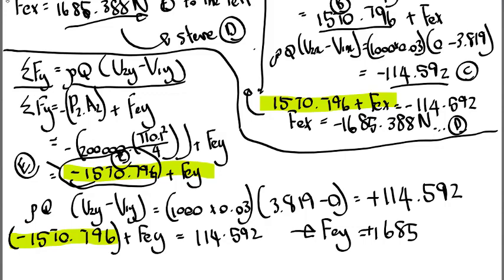You'll see that your calculator will give you a positive 1685.388 newtons. And that, people, is basically the part that you want.